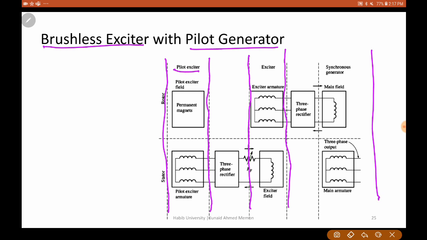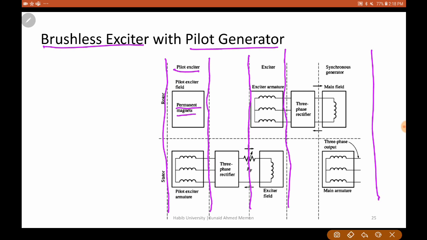So what a pilot exciter is: you have a permanent magnet which is mounted on the rotor. Remember, you have mechanical power. Just to remind you again, we have mechanical power there, and most of the time we forget this.